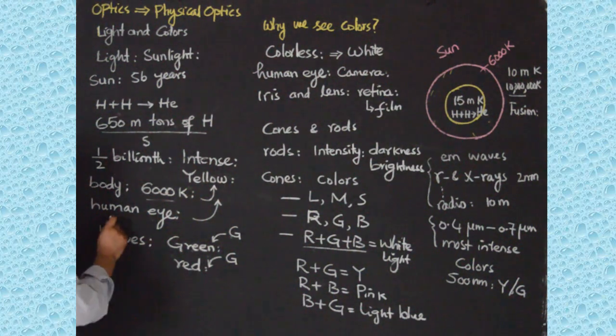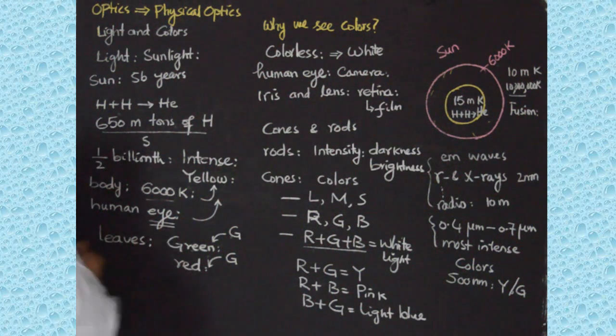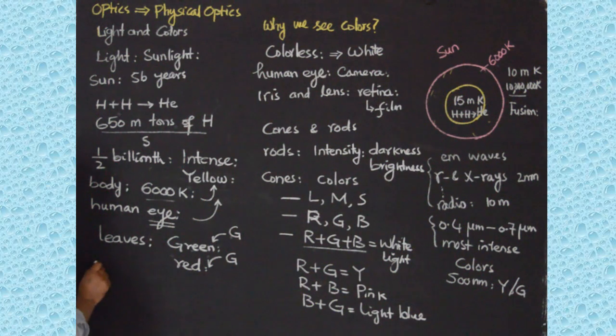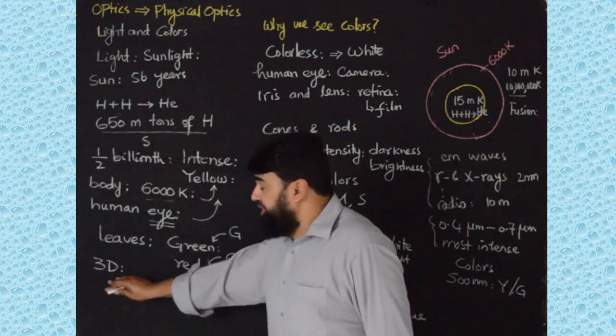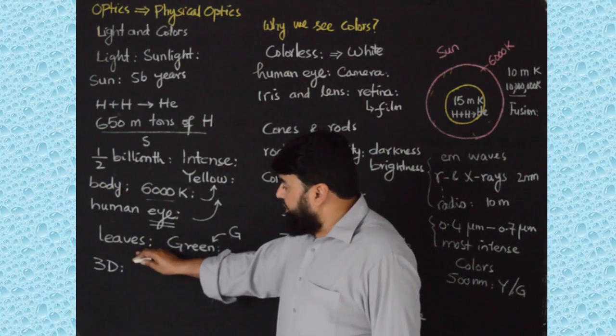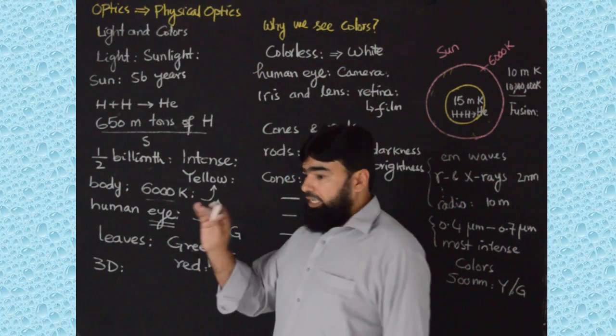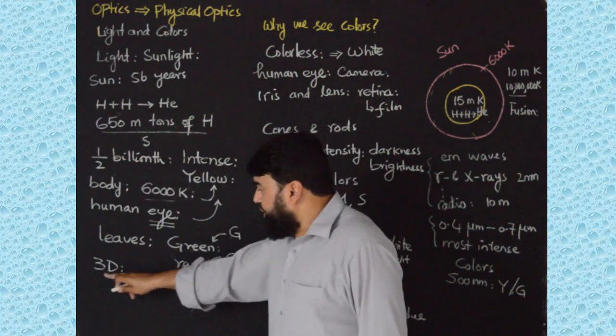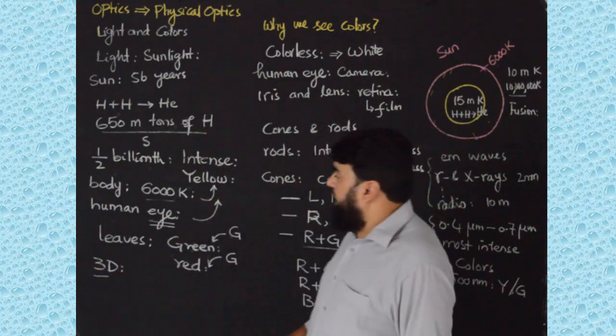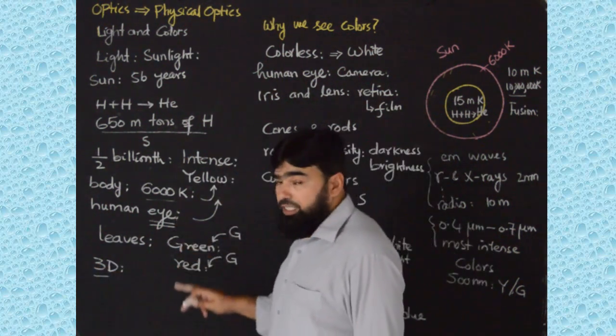Similarly, our eye is seeing something in 3D. Now, is it the eye which is seeing in 3D? When we look at objects, we see their two-dimensional surface as well as the third dimension of it, and we think the eye is seeing in 3D.